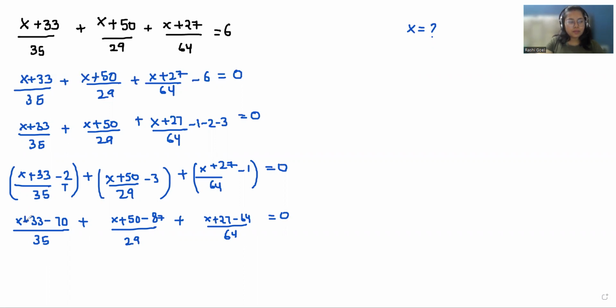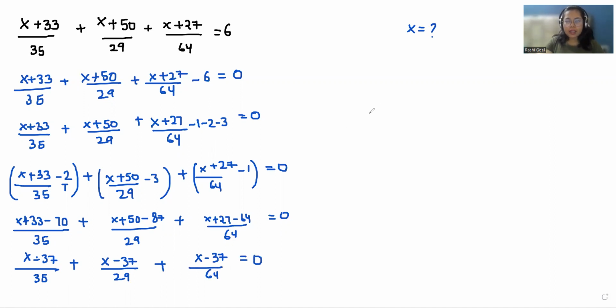So (x+33-70) is minus 37 divided by 35, plus (x+50-87) is minus 37 divided by 29, plus (x+27-64) is minus 37 divided by 64, equals 0.